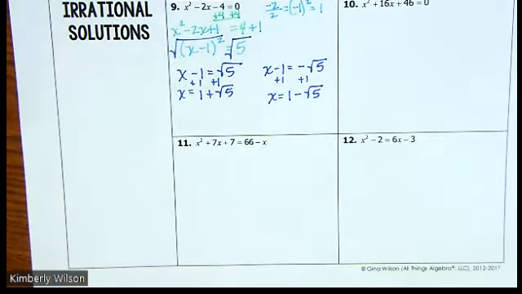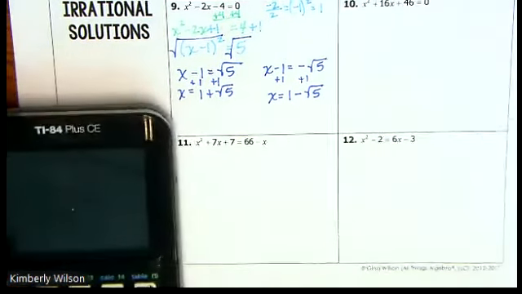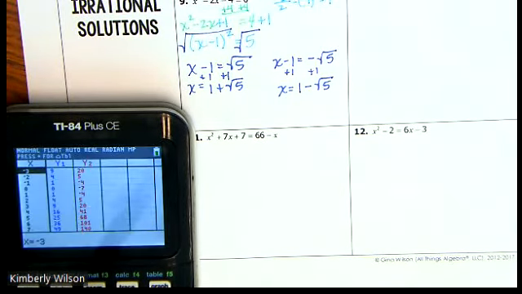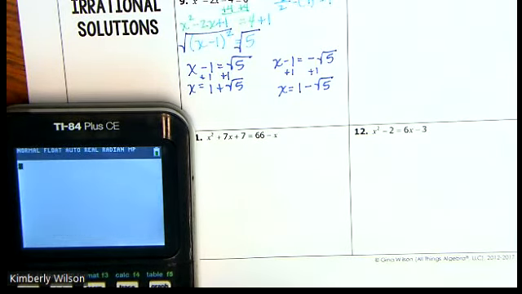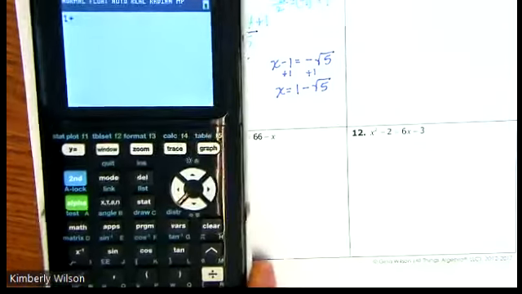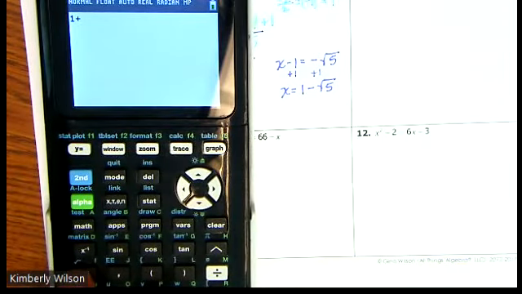I can punch this in exactly as it looks in the calculator. So, handy dandy calculator time. Turn it on. Second quit to get to the screen. I'm going to clear all this other stuff out. And now I'm punching in 1 plus, now I need the square root. Notice the square root symbol is in blue. So I'm going to hit second square root, and then what's underneath there?